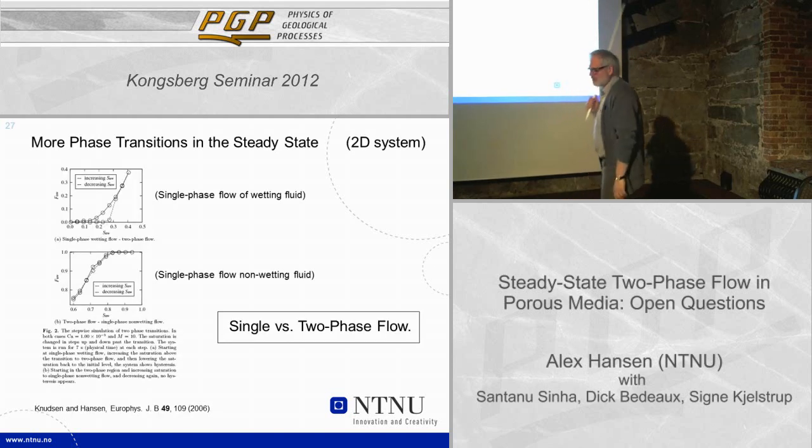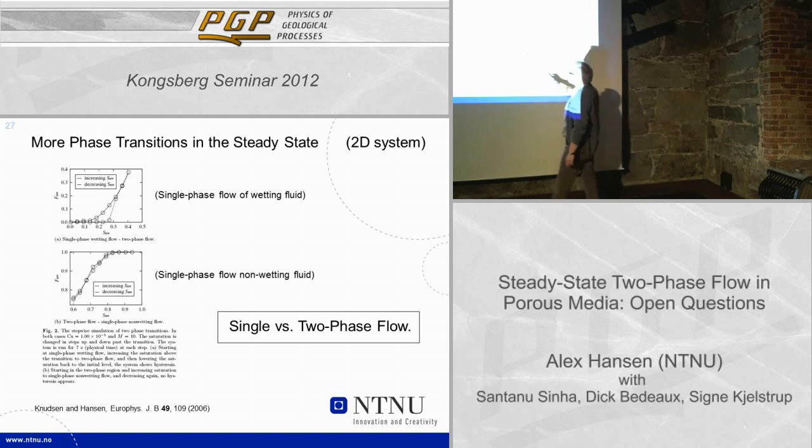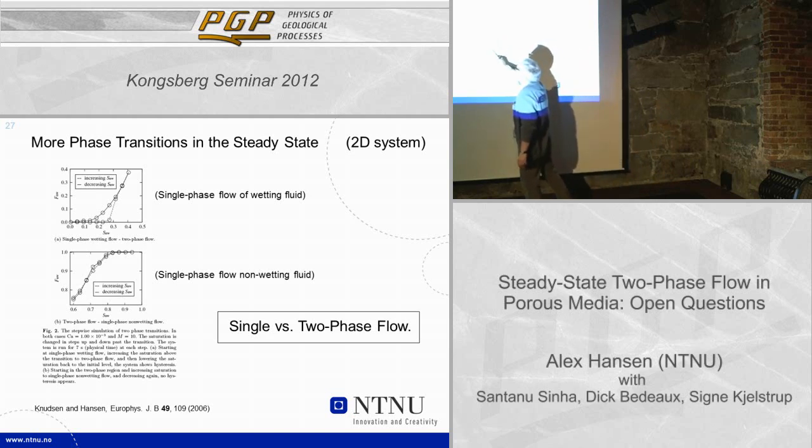All right, and then you can do all sorts of other studies of phase transitions in this system. This is what happens, for example, when you start at a given flow rate, no non-wetting saturation at all. We increase it, and then suddenly everything starts flowing. Here's a fractional flow up like this.